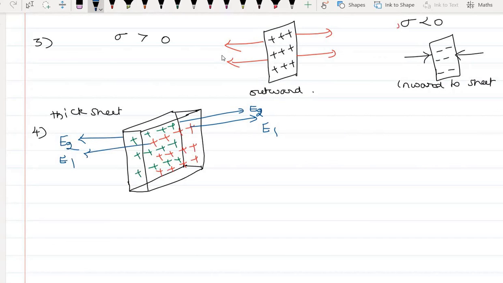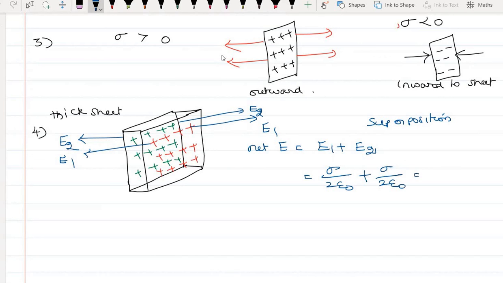Right or no? At any point, if you take the net electric field, it is given by the superposition principle. The electric field will be equal to the sum of these two. What is E1? Already we have seen for a sheet, sigma by 2 epsilon naught. And due to the next sheet, you can consider it as 2 sheets. What is the net electric field? Sigma by epsilon naught. Is it clear or no?